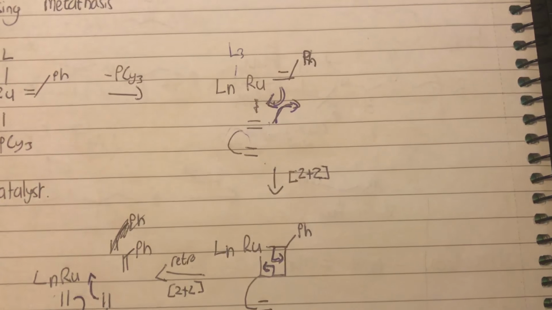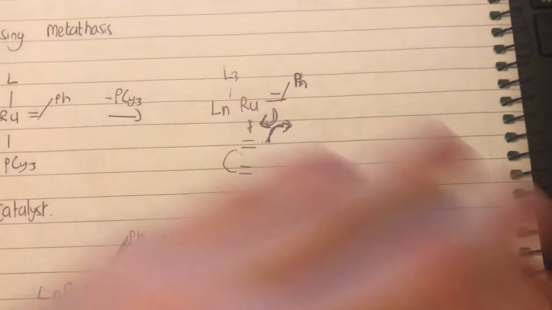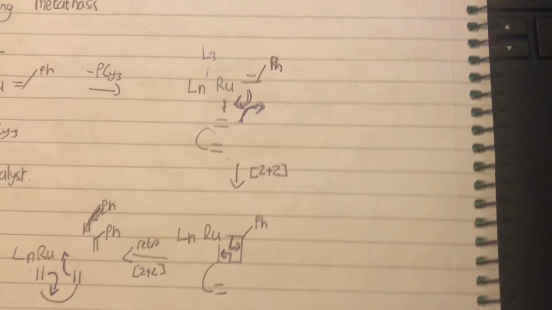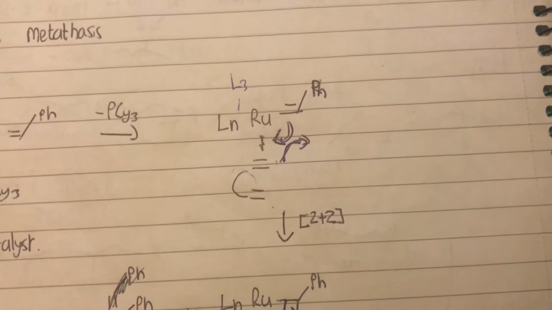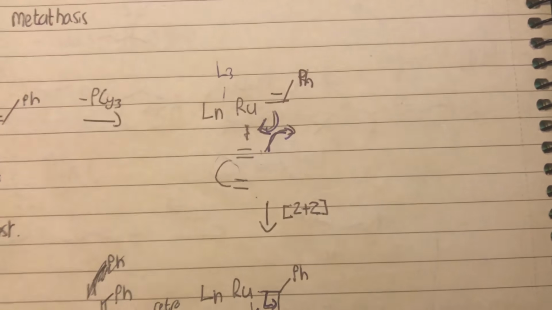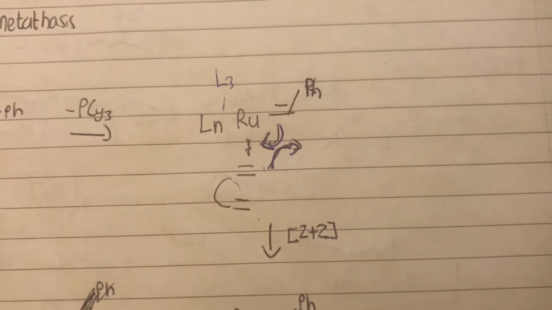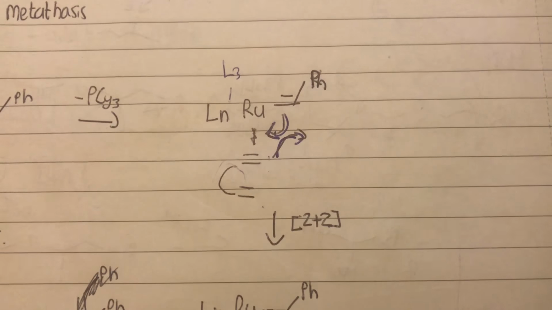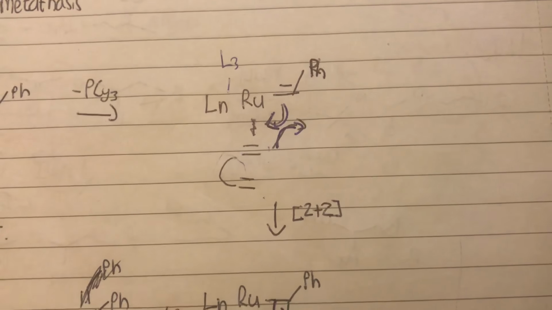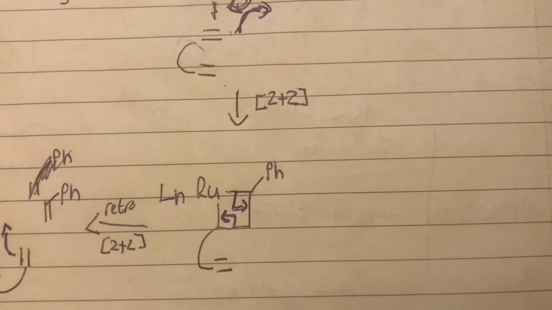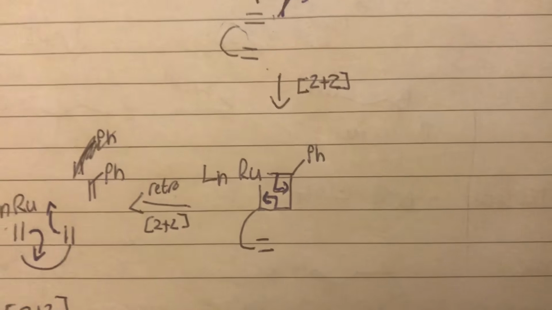So here you go, we've got a circular structure of sorts. It could be any sort of structure, but for this example we'll say it's 3 carbons or something, but not a ring. But we go for a 2+2, form the cube, and then we go for a retro 2+2 which breaks the cube.